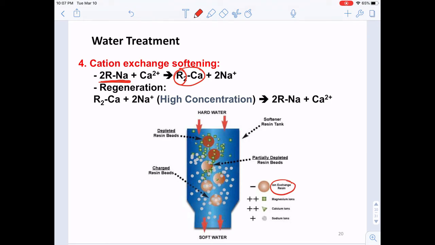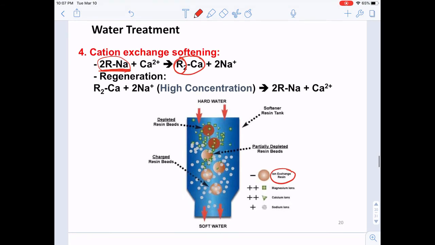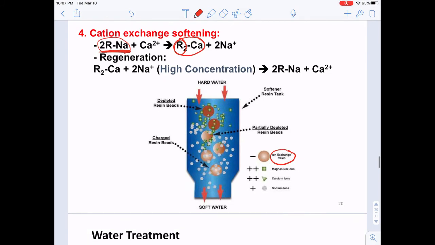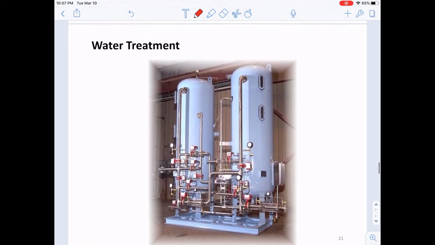Basically, we introduce this ion exchange resin. On this resin, there are a lot of compounds that can exchange the ions, and then we can use this method to reduce the hardness or soften the water.